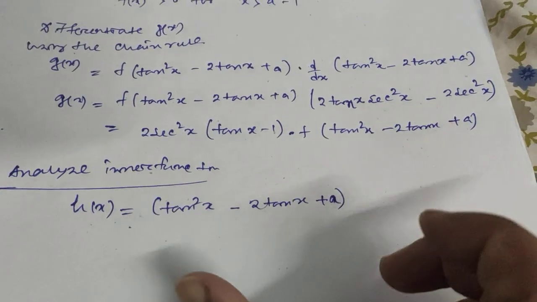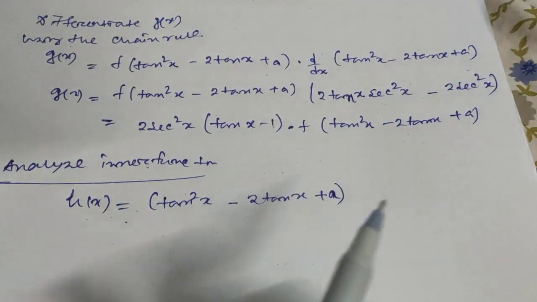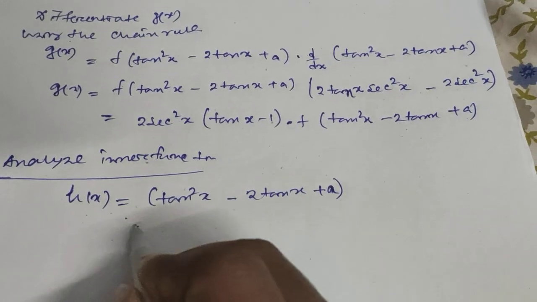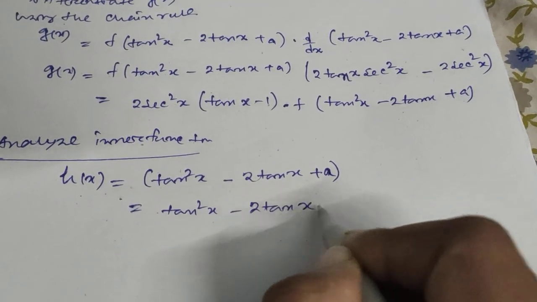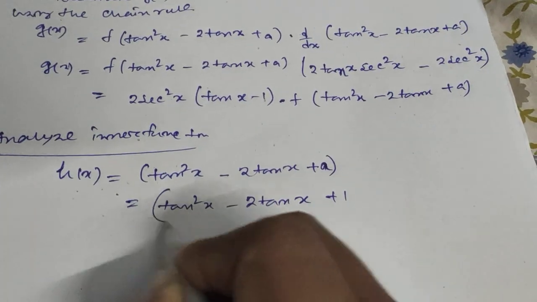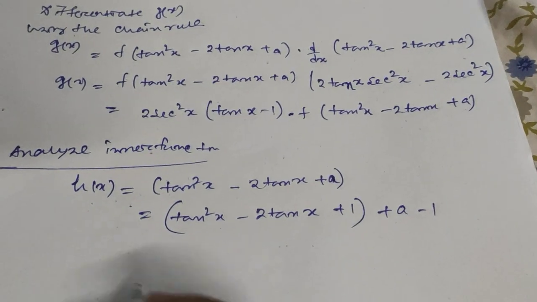So now we can complete the square to understand its range. So we can write tan square x minus 2 tan x plus 1 plus a minus 1, okay.